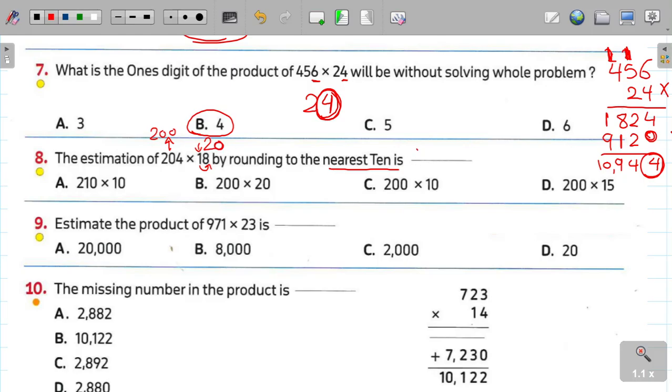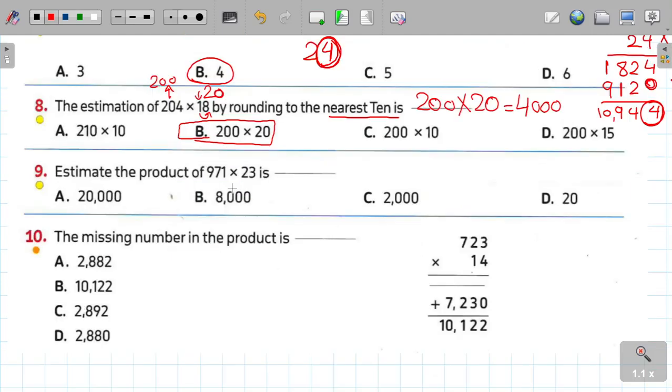So I will multiply 200 by 20, and for 200 by 20 I have 3 zeros, so it will be 0, 1, 2, 3, and 2 by 2 equals 4. So the estimation will be 4,000. Okay.